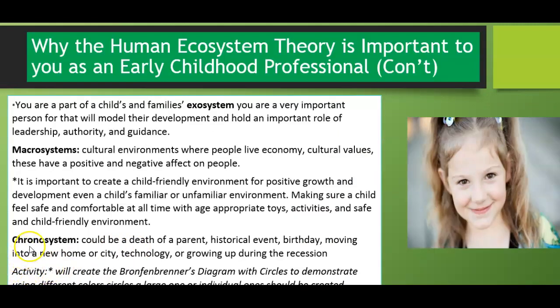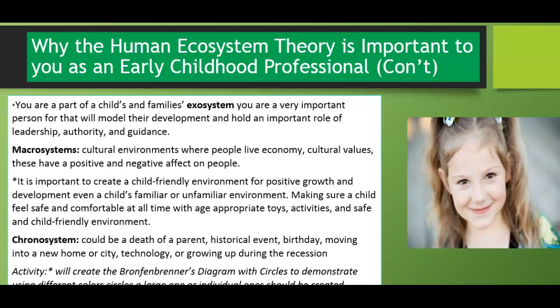Okay, and the last system is the chronosystem. Now, this has to do with time in a child's life, a certain time period or an event that heavily influenced a child's life, such as the death of a parent or a loved one, a special birthday, or visiting a new city, or going over to grandma's house.